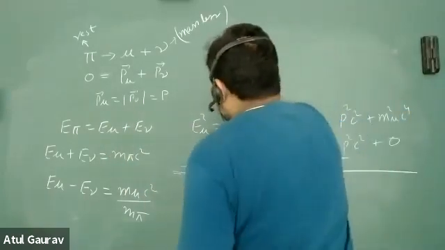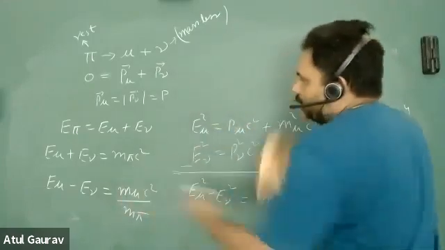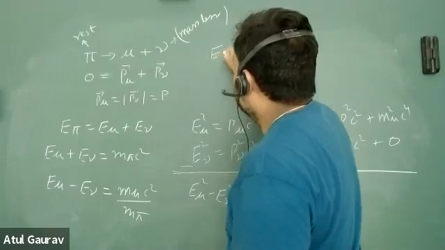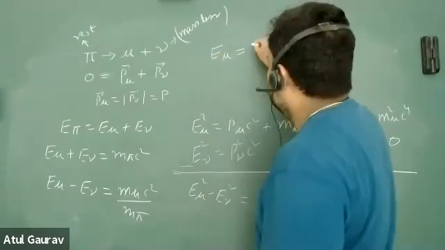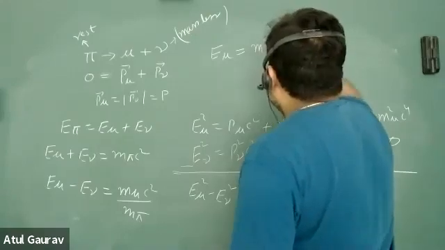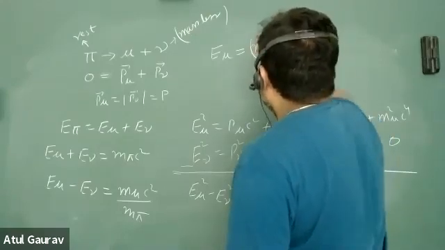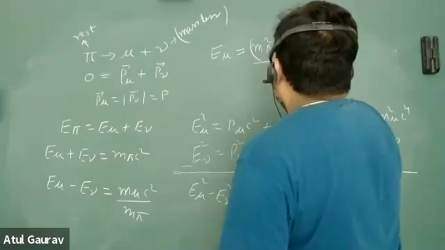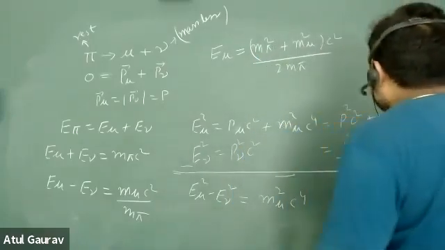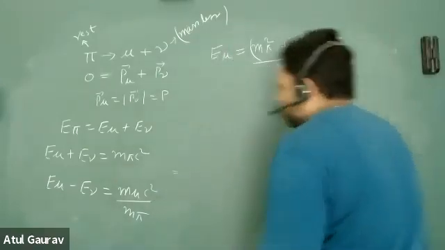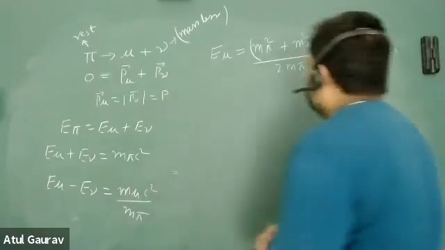So let's solve this equation. If you solve this equation, what will you get? You will get E mu is equal to m pi square plus m mu square, c square upon 2m pi, and second, you can just subtract it and get the value of E nu.